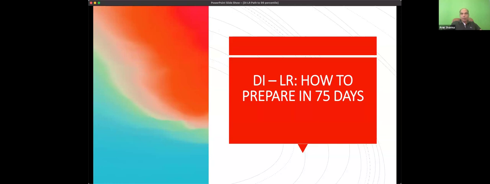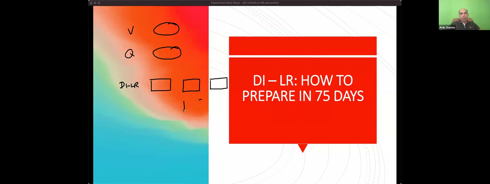I can't call this a shortcut, but it's the critical section that takes you through the CAT, because whatever happens in your verbal and whatever happens in your quants, in the DILR section you're going to have 4 opportunities across 4 sets of questions, which can actually either make or break your exam.